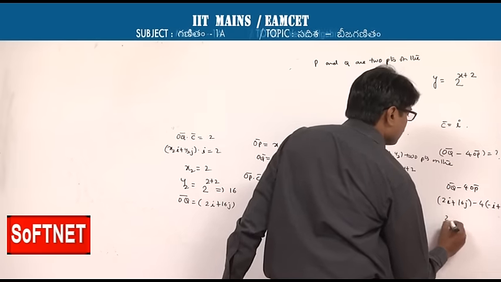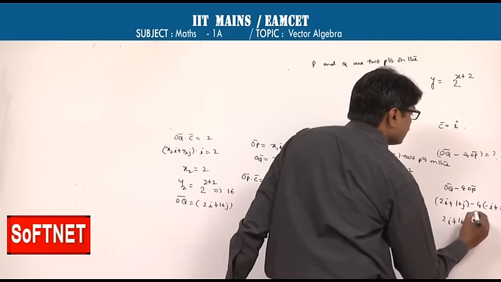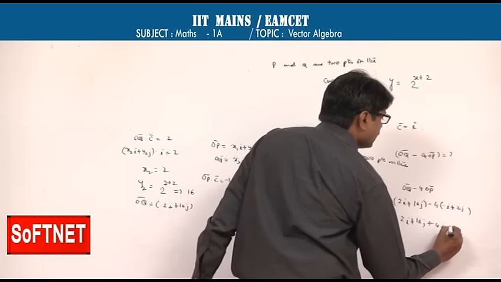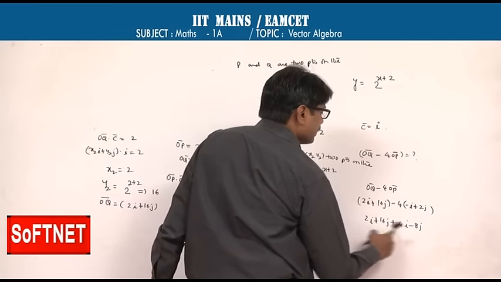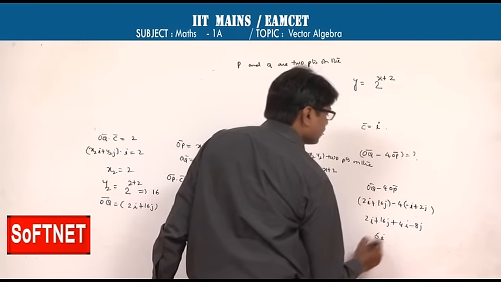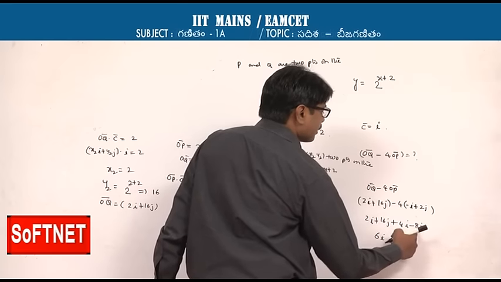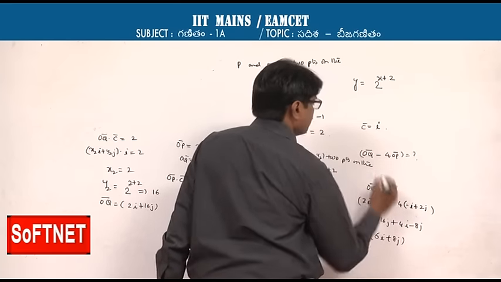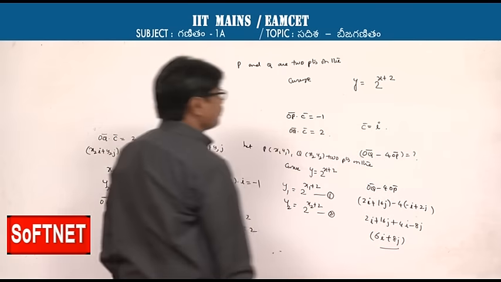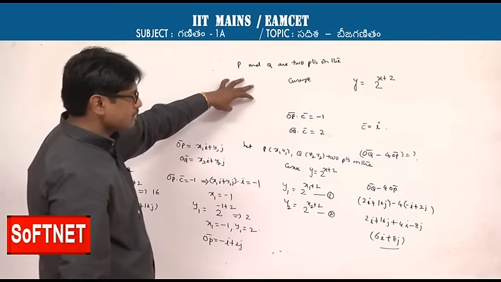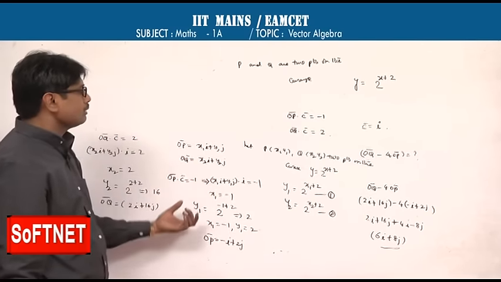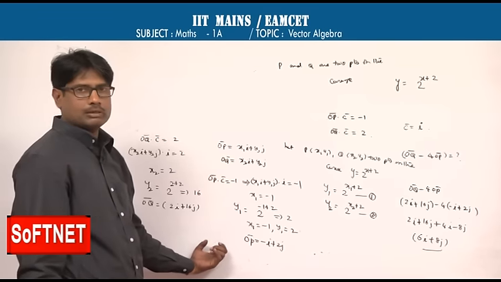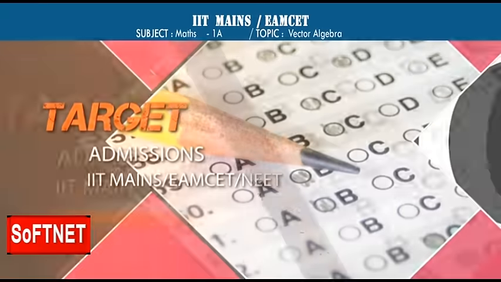So 2I bar plus 16J bar plus 4I bar minus 8J bar. 2I plus 4I, 6 times I bar, 16J bar నుంచి 8J bar తీసేస్తే plus 8J bar. So this is the value of OQ bar minus 4 OP bar. జామెట్రికల్ కర్వ్ సంబంధించింది, తర్వాత వెక్టార్ సబ్స్టిట్యూషన్ అండ్ డాట్ ప్రోడక్ట్, 3 ఇన్ఫర్మేషన్ ఉన్నాయి, కాపీ చేసుకోండి.